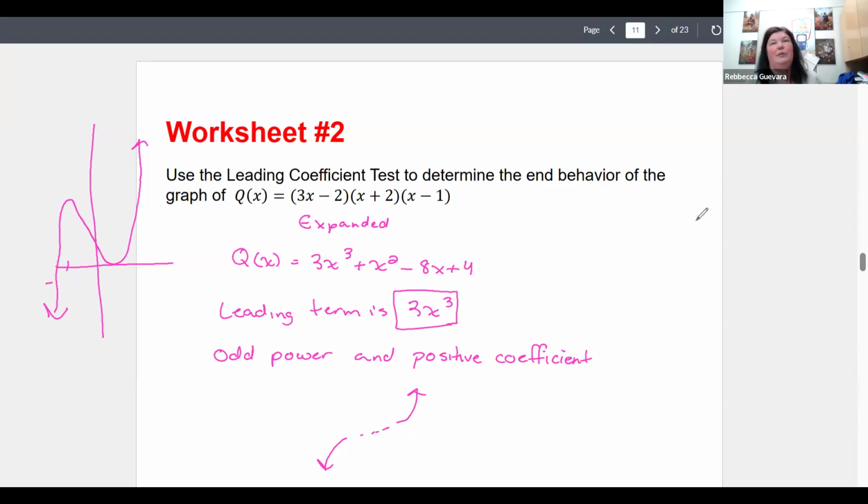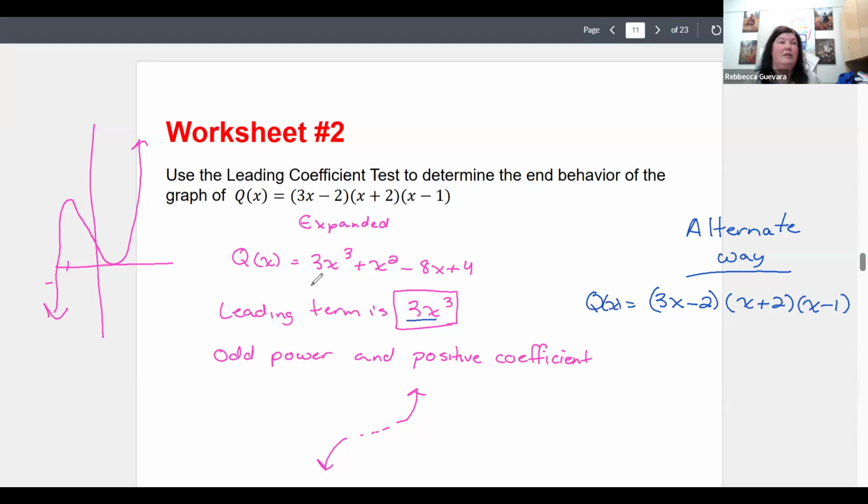Now, an alternate way to do this. We just need that coefficient, right? So if you took the 3x minus 2, times x plus 2, and the x minus 1, and you really just looked at each one of these factors, these numbers all got multiplied together, right?